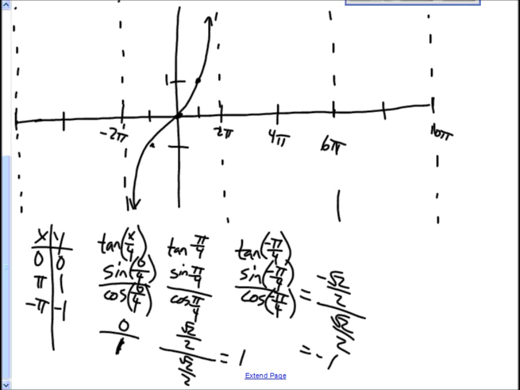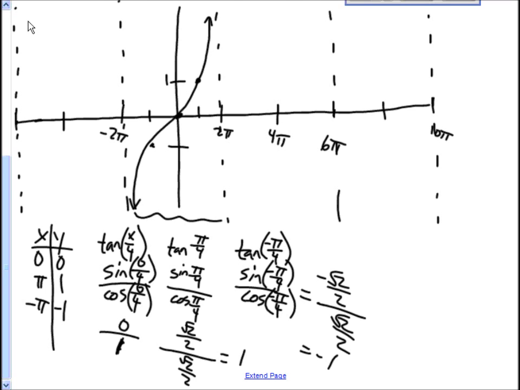Now, that 1/4 in front of the x is going to stretch this thing, okay? Do you notice that you've really stretched this period? How far is that? Well, what's the difference between negative 2 pi and 2 pi? 4 pi, right?